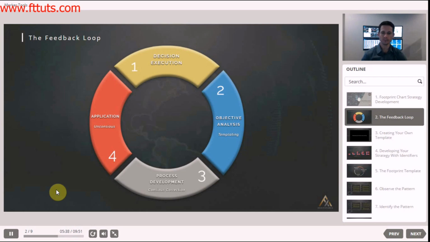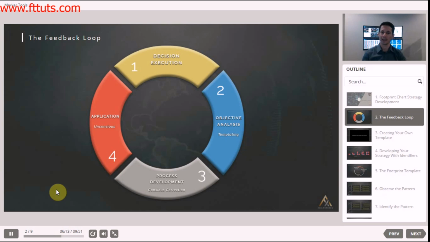Now, like I said, how this whole decision making process works is very simple. We've made a decision. Now the next process is to have an objective analysis. Once we've conducted an objective analysis, we then need to go and look at our process development. All that a process development is, is that we want to write down all the processes that we did over a period of time, before making the next decision, and we want to then analyze those processes.